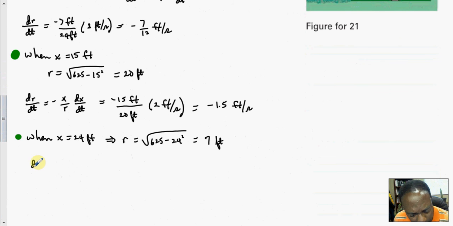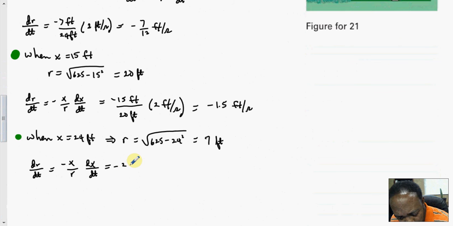So the formula dr over dt is equal to negative x over r times dx over dt, and that's equal to negative x is 24 feet all over r, and r is 7 feet times 2 feet per second.